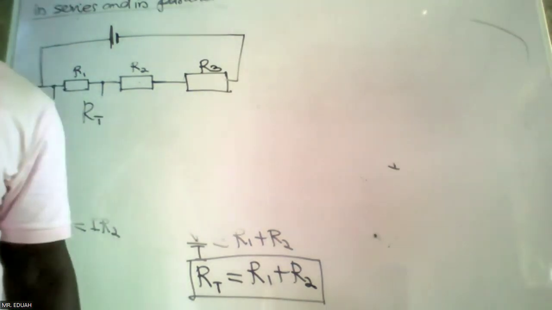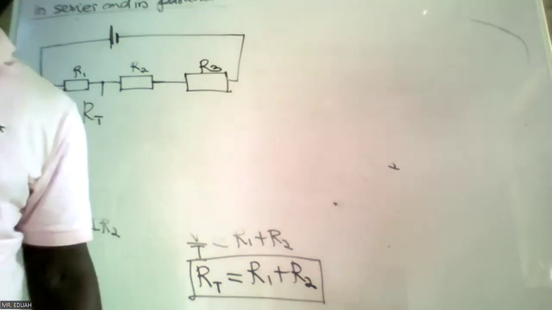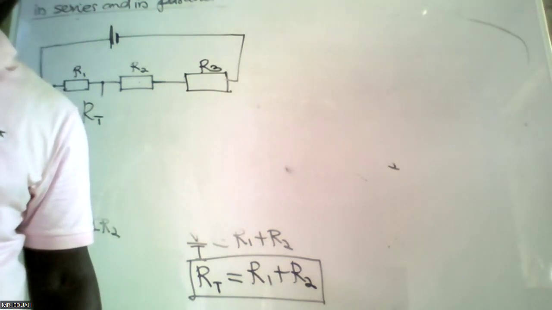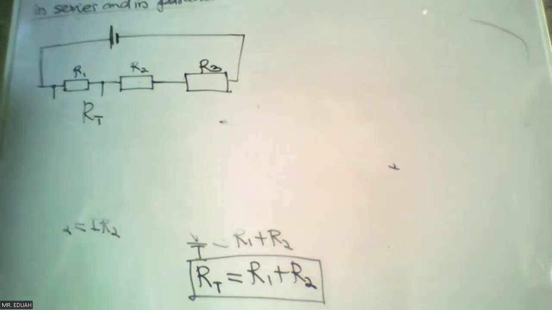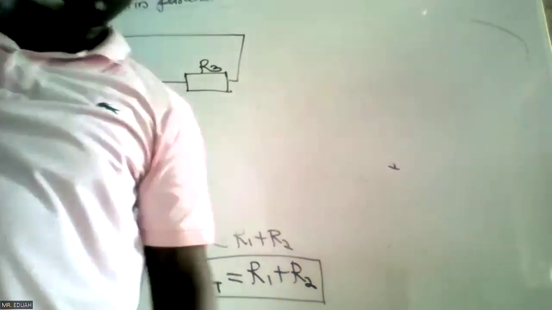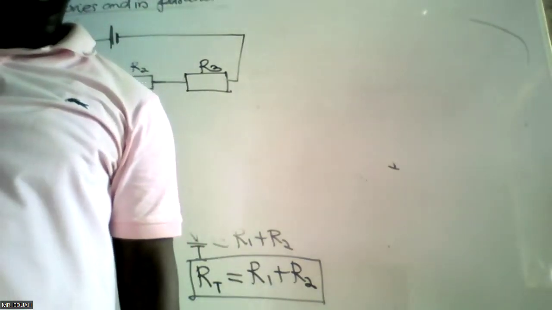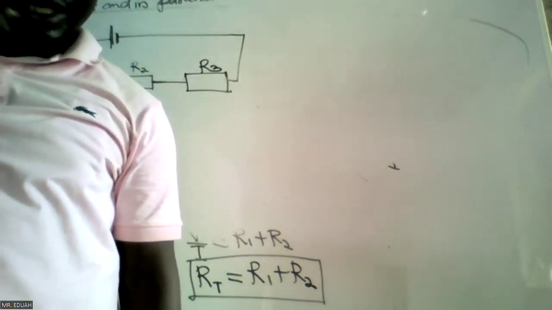Give me your answer. 3 resistors connected in series, the total resistance is R1 plus R2 plus R3. Now supposing R1 is equal to R2 and it's also equal to R3, what will be the total resistance here?